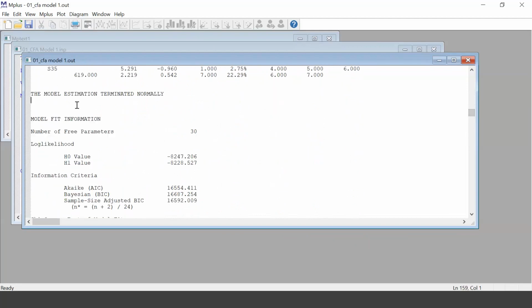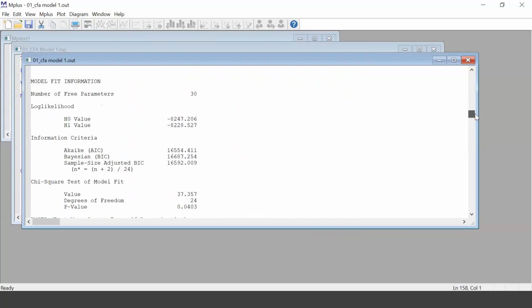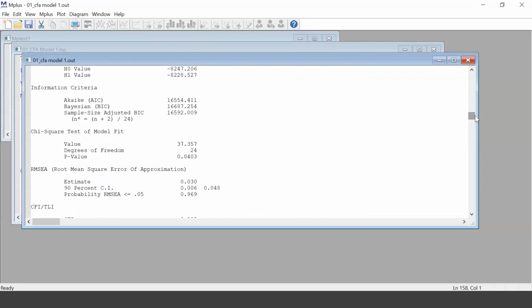Then the next line that we really want to see is that the model estimation terminated normally. That is good. And then we get our model fit information. So we can see here that the chi-square test of model fit is 37.357 with 24 degrees of freedom. And the p-value for that chi-square is 0.0403.